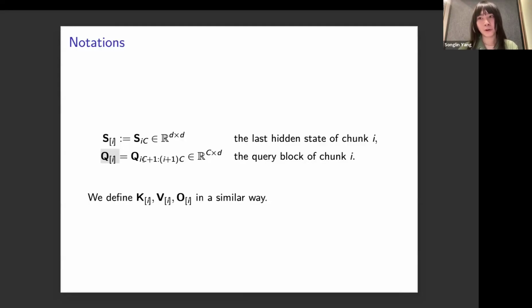The original query matrix is of size L by D, and in this case the size is C by D, where C is the trunk size, and we extract the submatrix corresponding to the i-th trunk. S sub i is the last hidden state, whereas Q sub i is the range of the whole chunk.